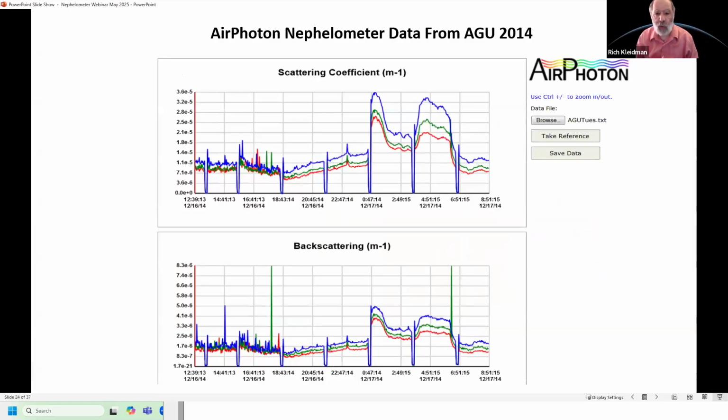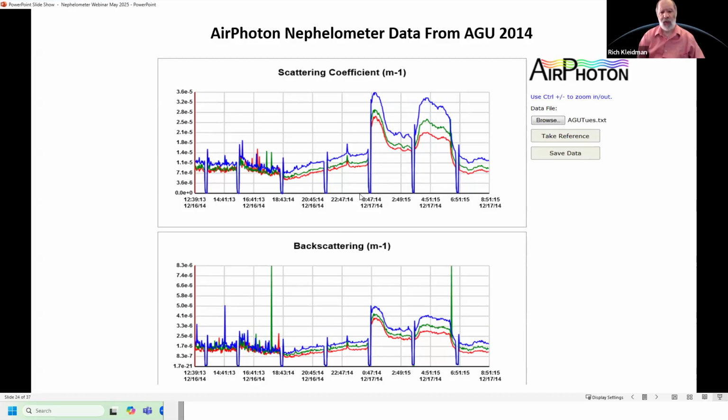Here is some actual data that we took a long time ago at an AGU meeting. What I wanted to show you is to start looking at data, and again, why this is significant. These drops in data, I mentioned the clean air reference, so we were running the clean air reference very frequently.